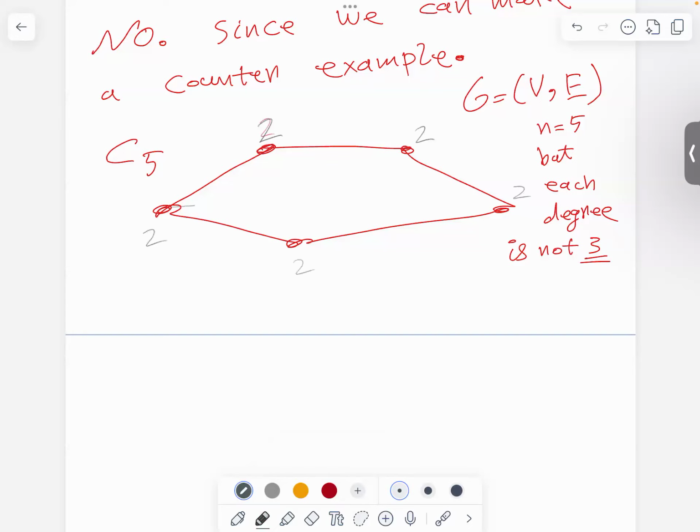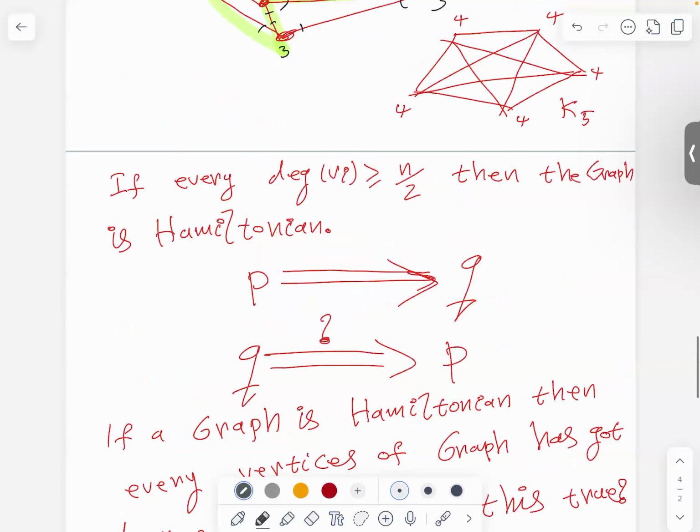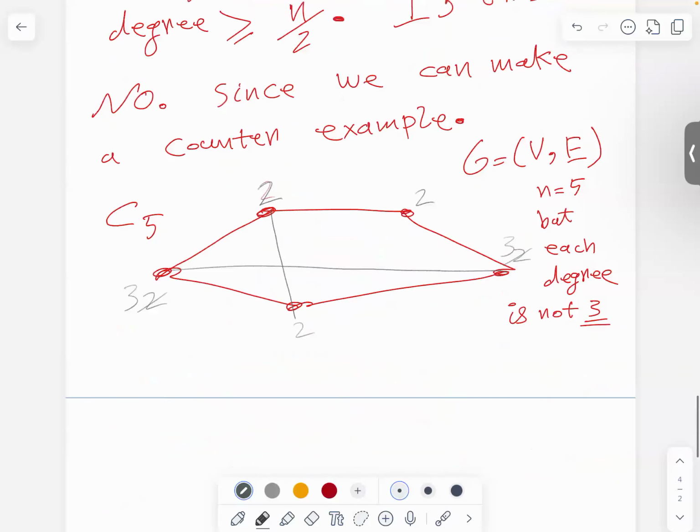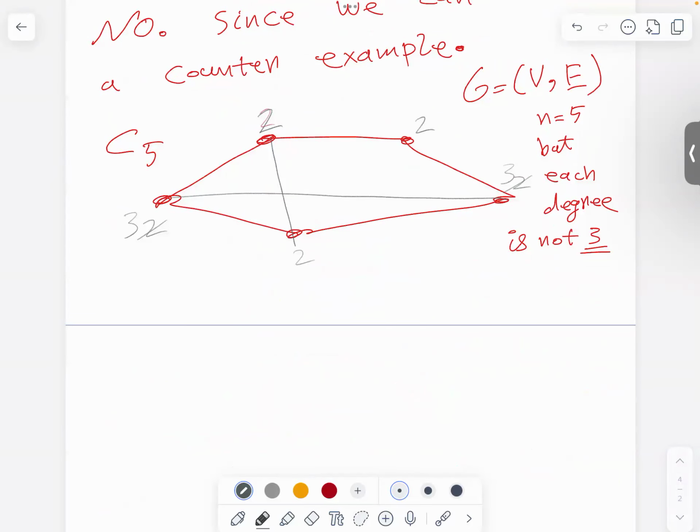Even if you draw this one, this will be 3. Still, it's a counterexample because not every vertex is 3. It's a Hamiltonian cycle, but it still doesn't satisfy this claim.